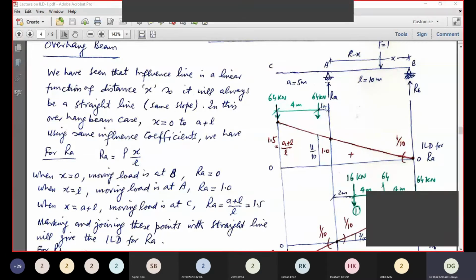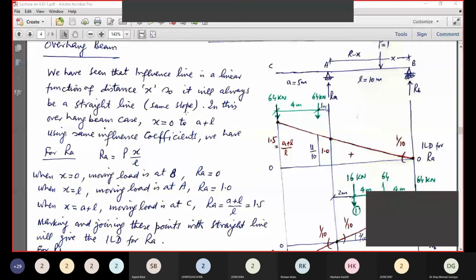This is the overhang portion AC having the span of 5 meter. This will go straight, and this ordinate is computed, this total distance divided by the horizontal distance. This is the 15. So 15 divided by 10, so 1.5.